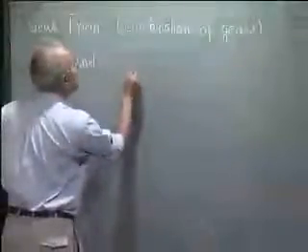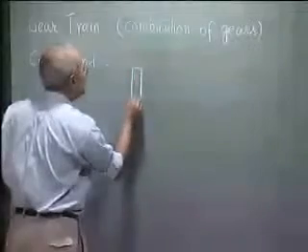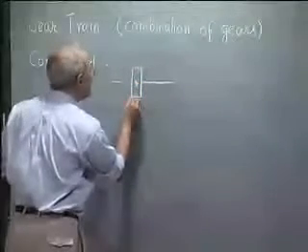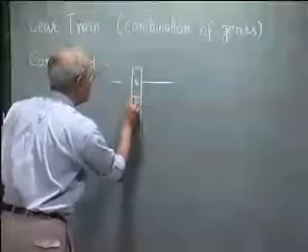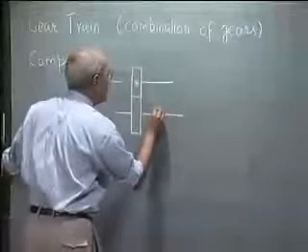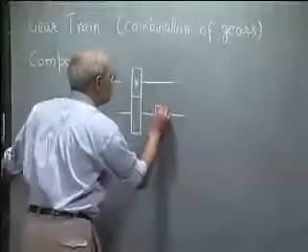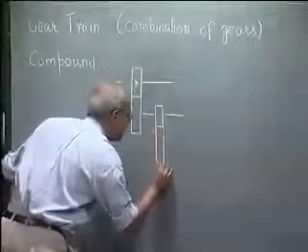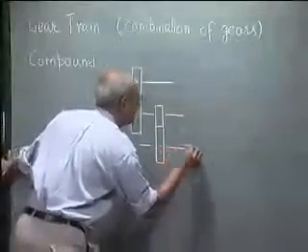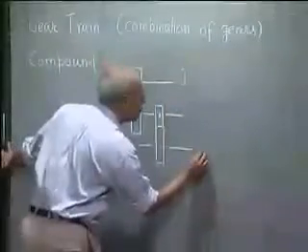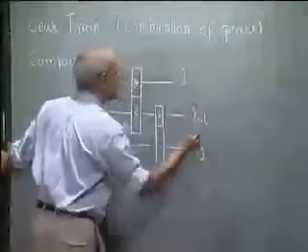Example, suppose this is the input shaft, this is the output shaft, and this is one intermediate shaft.